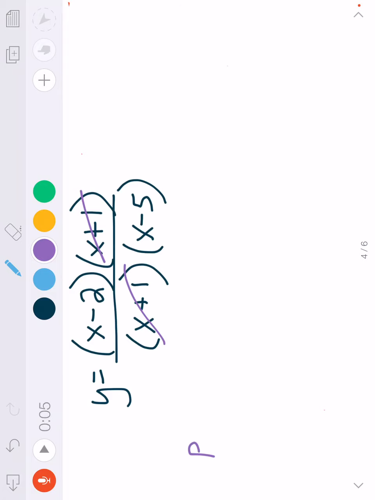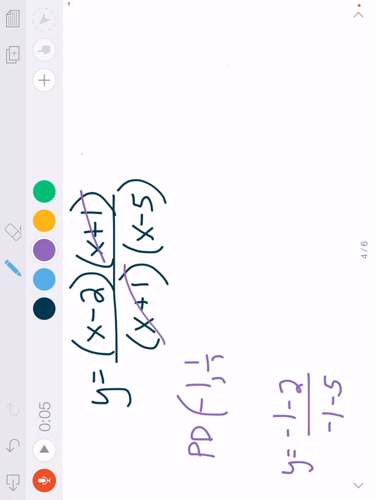So my point of discontinuity would be when x is -1. To find the y value, I'd have to substitute that -1 back into whatever's left over. So I would actually have to take -1 minus 2 all over -1 minus 5, and then I would need to type that in my calculator, which would give me ½.